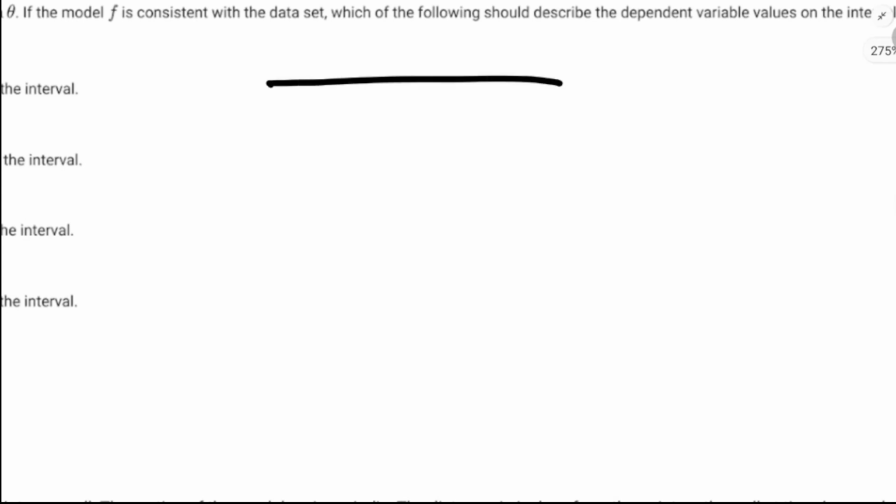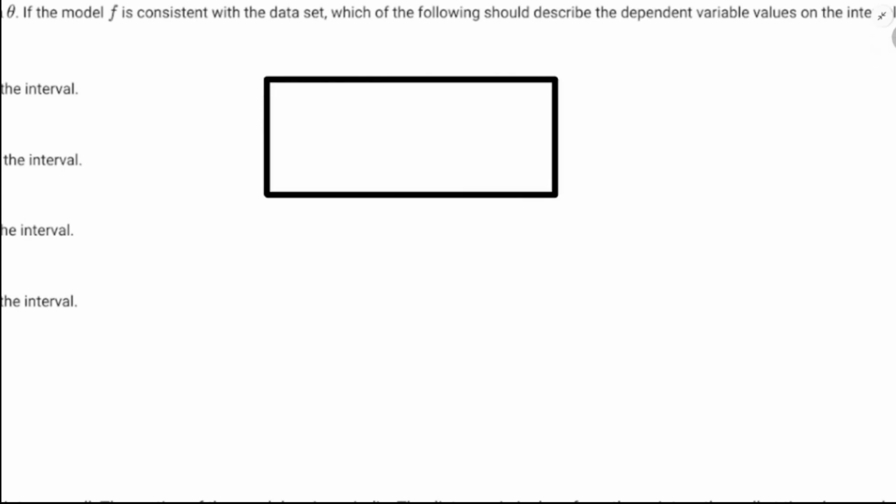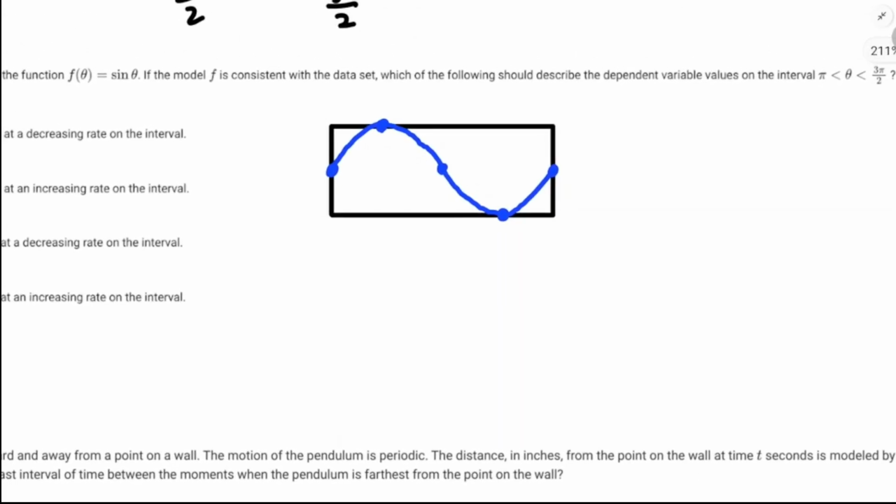So I'm going to draw another window. Okay, sine x, just like I had before. Draw a very standard graph of sine x. There we go. And then pi to 3 pi over 2.